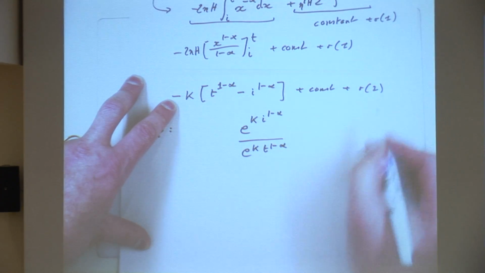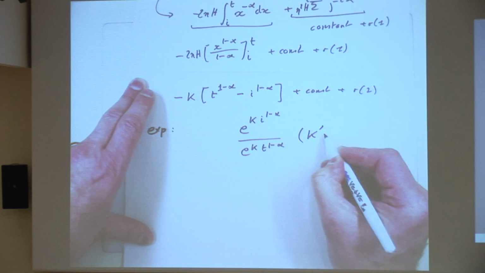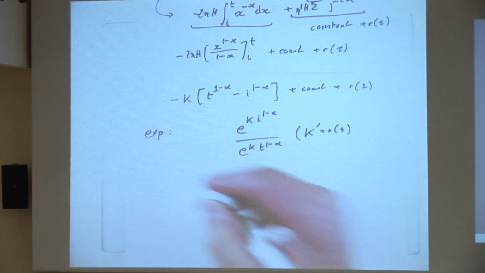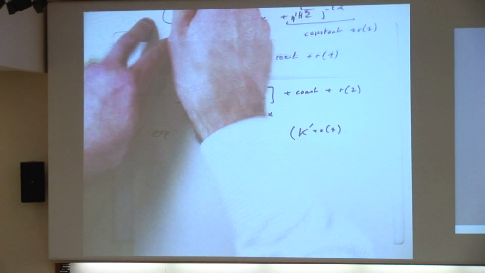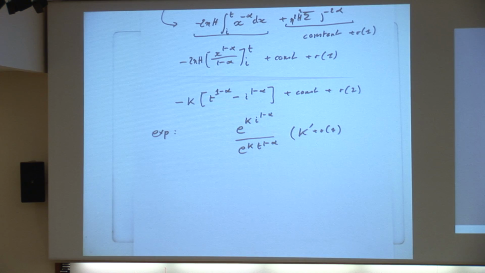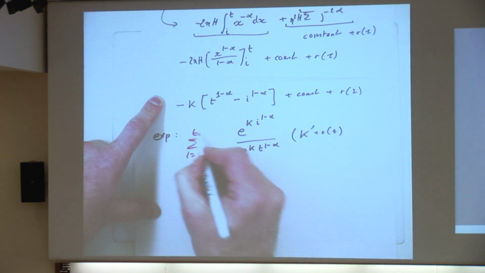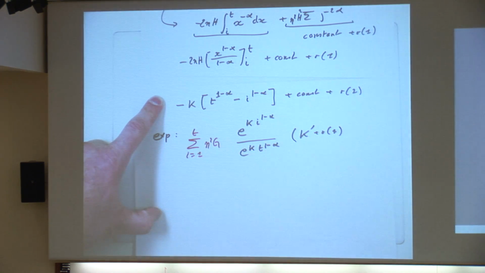And the O of 1 means that I multiply by some constant here. Then I need to insert again the rest of my red term, that thing here. And this is the simple case, by the way.